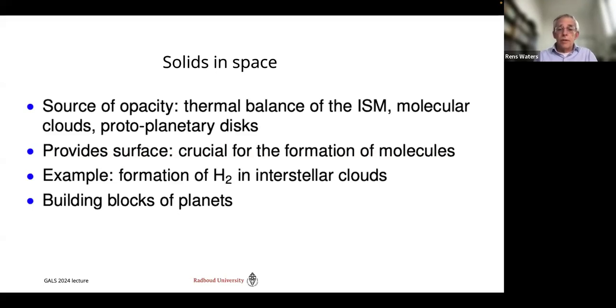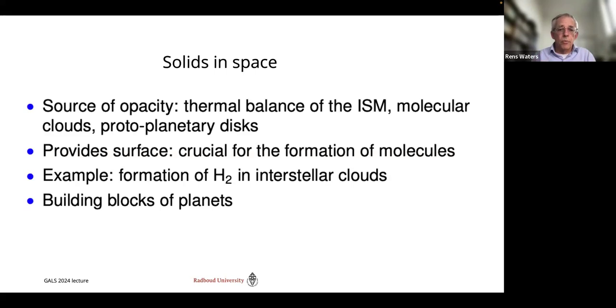As Ted Bergin has been showing in his lecture, molecules like the most important molecule, H2, can only be formed on the surfaces of dust particles. So they're a very important site for increasing molecular complexity, by having atoms accrete on the surfaces of those grains and meet other atoms to form molecules.